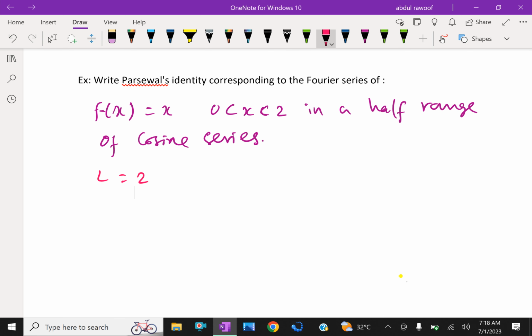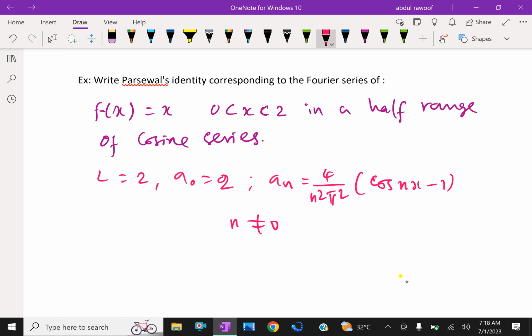L equal to 2, a0 equal to 2, and an equal 4 over n square pi square cos of n pi minus 1, where n is not equal to 0 and bn equal to 0.